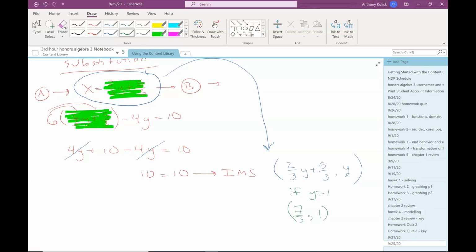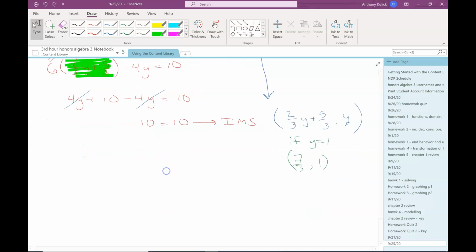Right? And each time I choose a different y, I'm going to get a different solution that's on that set of overlapping lines. Does that make sense? Okay.